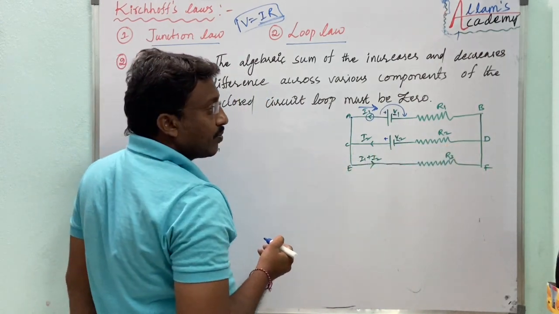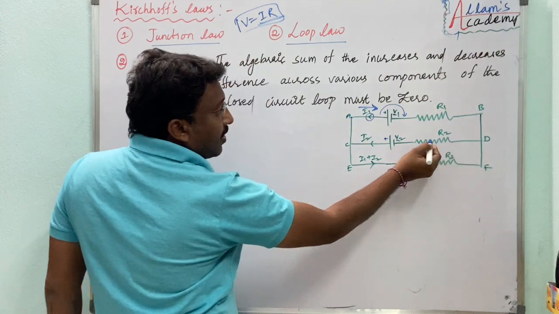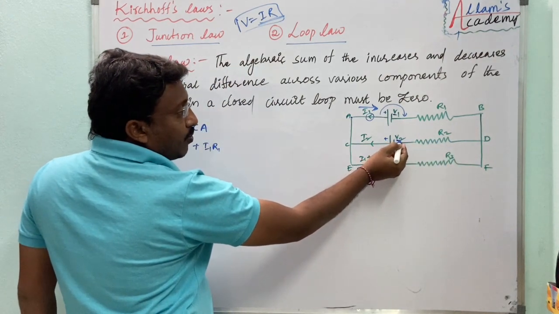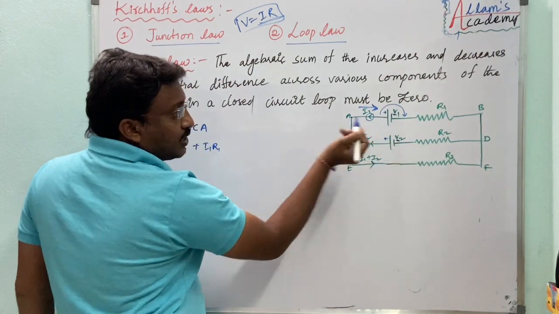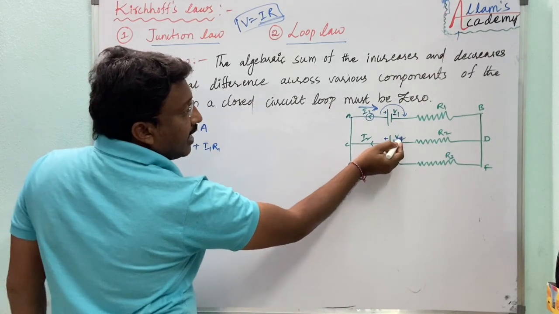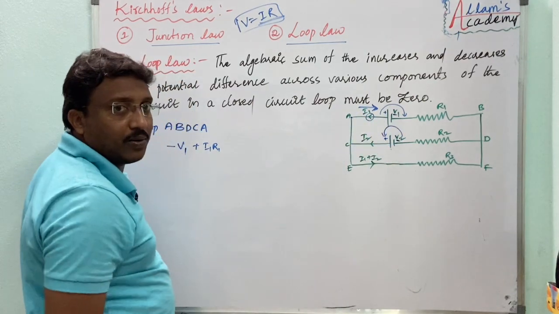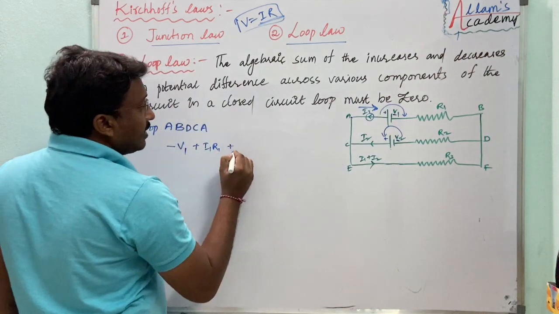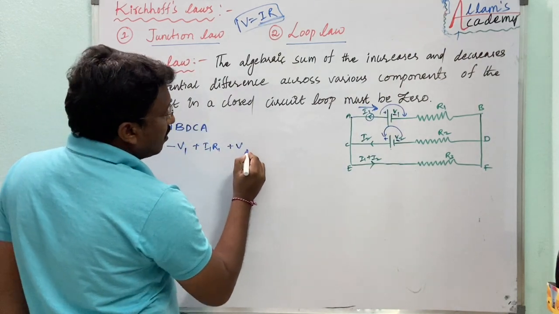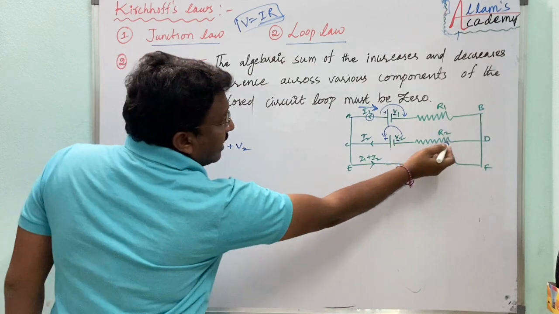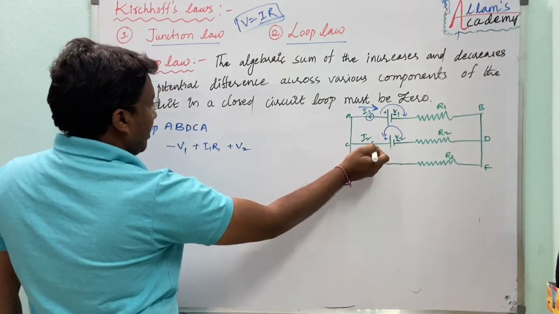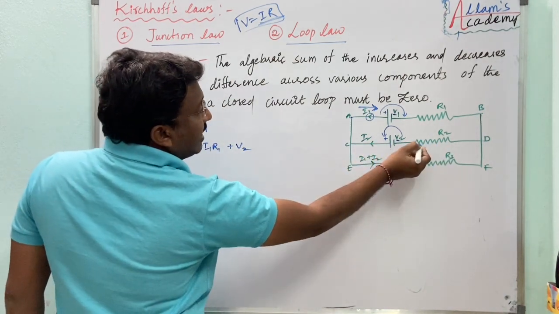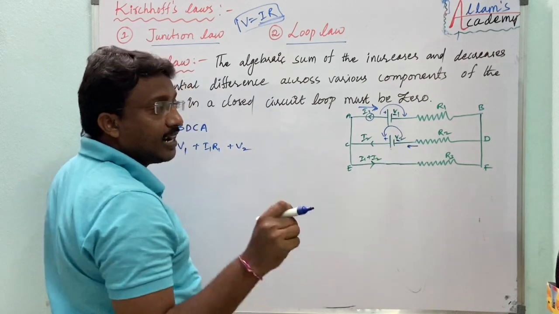Then we are moving from the negative to the positive terminal, right? So we have to take positive V2. And in the direction of current, as I said, we have to take negative.